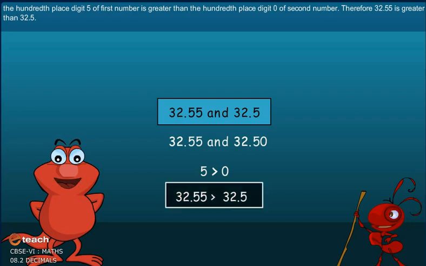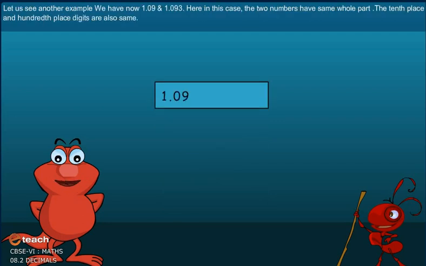Therefore, 32.55 is greater than 32.5. Let us see another example. We have now 1.09 and 1.093. Here in this case, the two numbers have the same whole part.